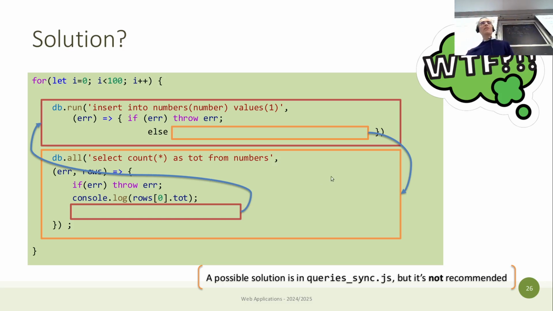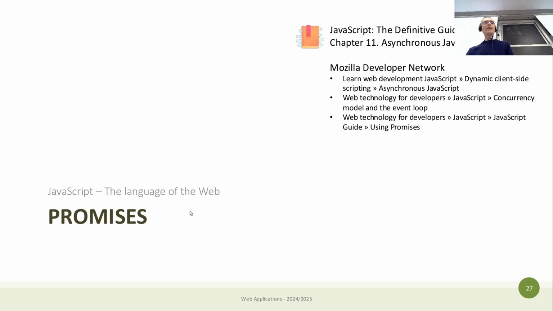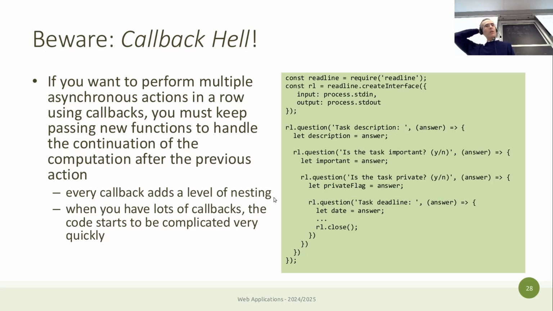And so that led us to this concept of promises. If you want to perform multiple asynchronous actions in a row using callbacks, you should write the code inside the callbacks. That means that for sequential code that executes asynchronous operations, it starts to become a bit messy.